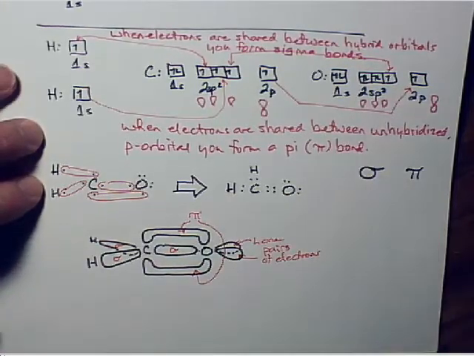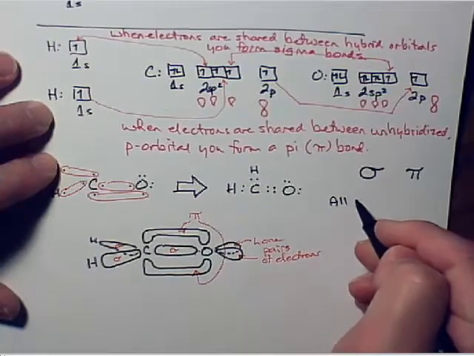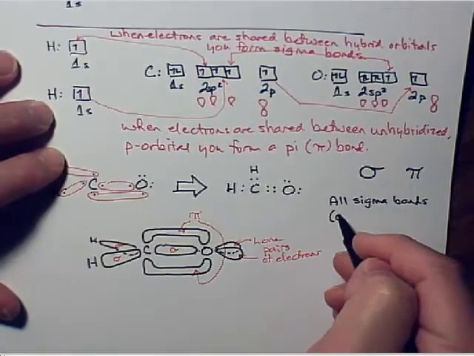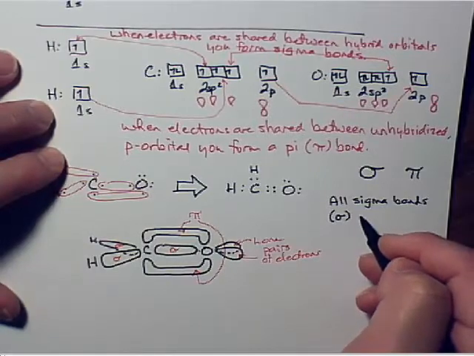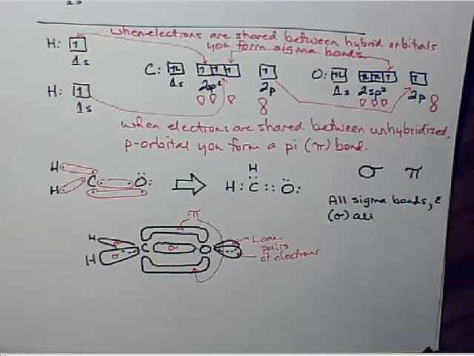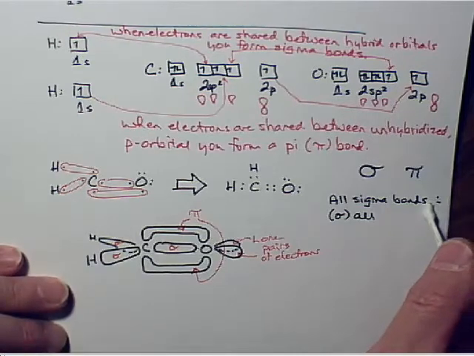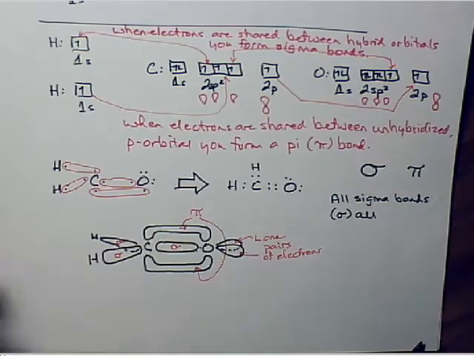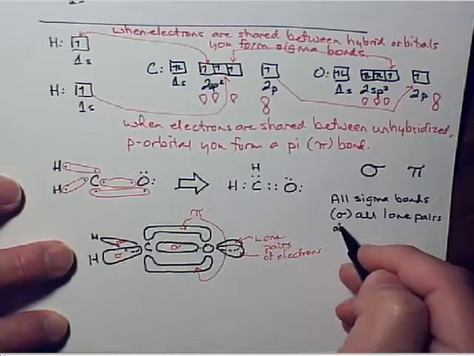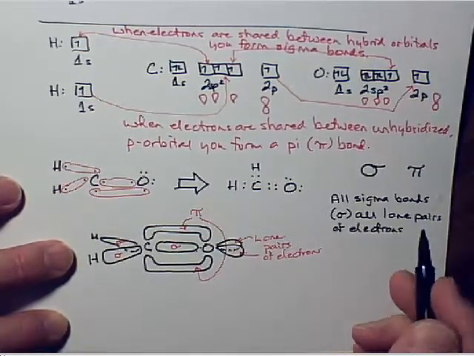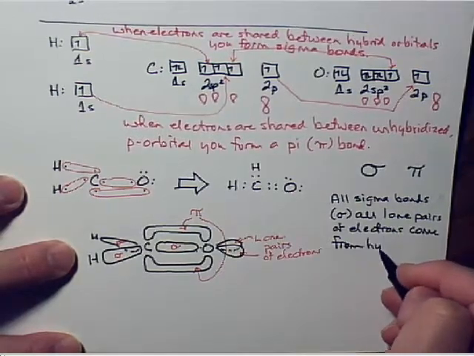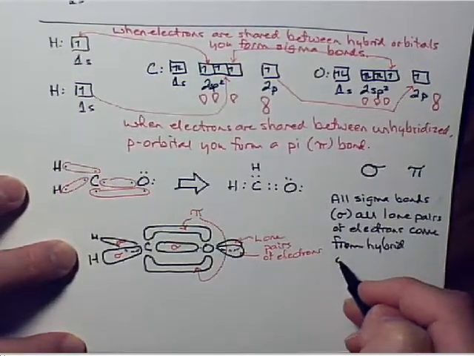Okay, remember, let's just make sure we're clear. All sigma bonds, and sigma is that symbol right there, and all lone pairs of electrons come from hybrid or hybridized orbitals.